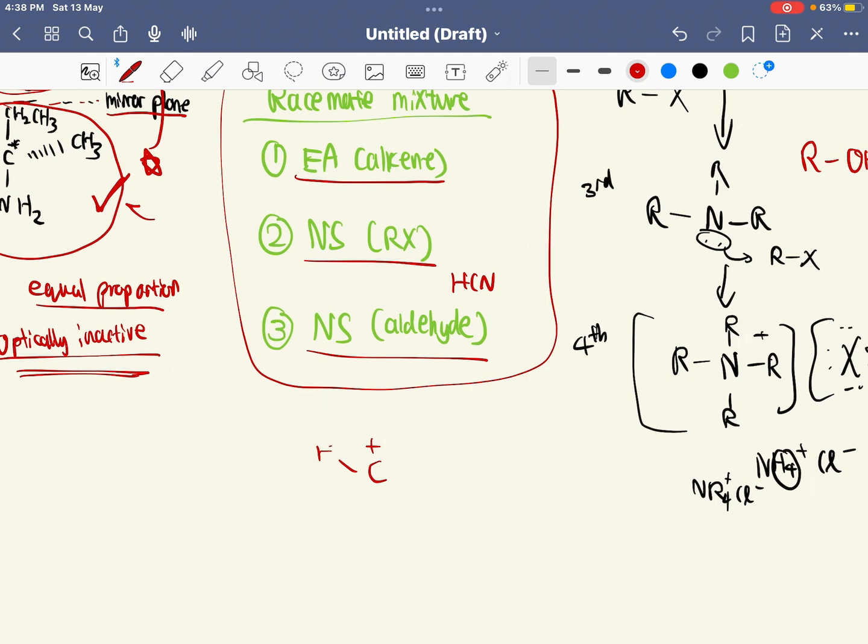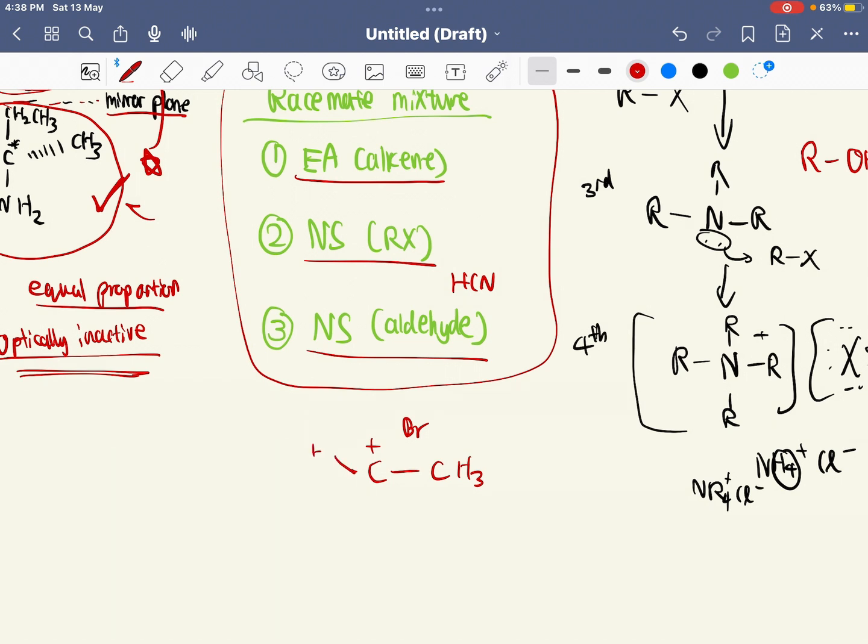So for example, I have this, it's like that. Then I have an equal probability of the nucleophile attacking from above or below the plane. In this case it will be Br. Oops, it's not how it's supposed to work. Hang on.